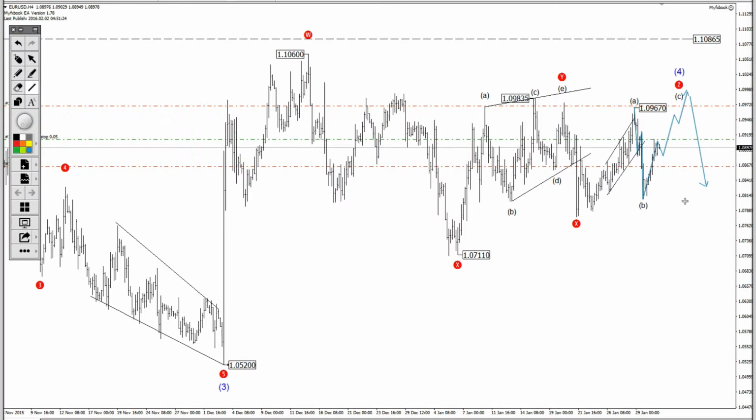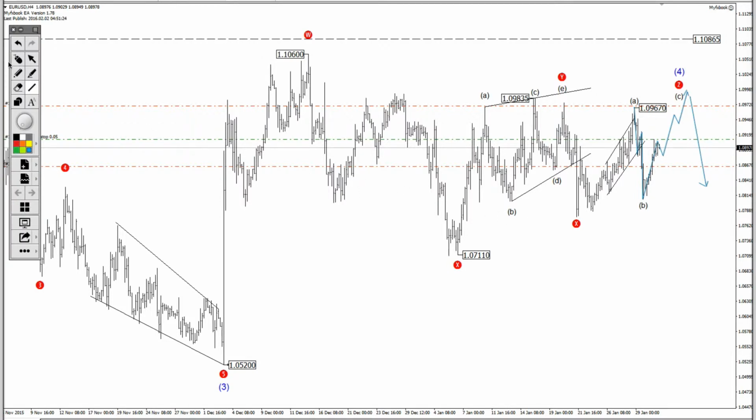But once this correction still goes on and on, we need to try to make some pips out of this market situation. So now the expectation is that we should see one more corrective wave or five-wave structure as the C wave to the upside to complete this very long, very complex correction.